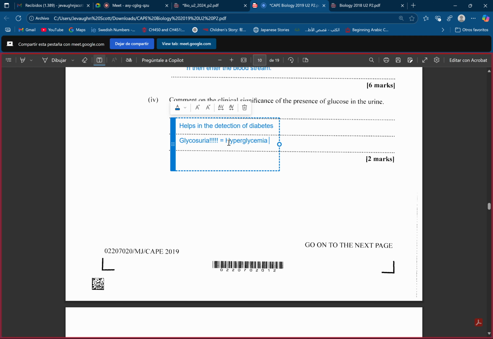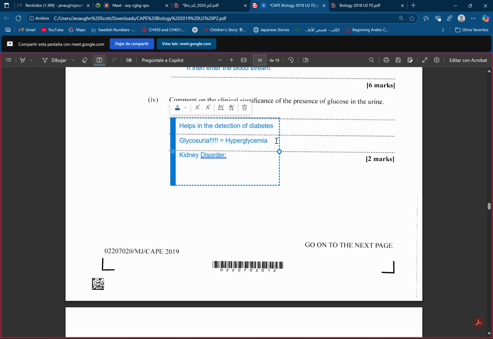But look at the renal significance. I mean, that could work. So I just want to explain that a little bit more. It could also be just renal glycosuria, meaning that you have a kidney disorder. Yeah, you can just say that.